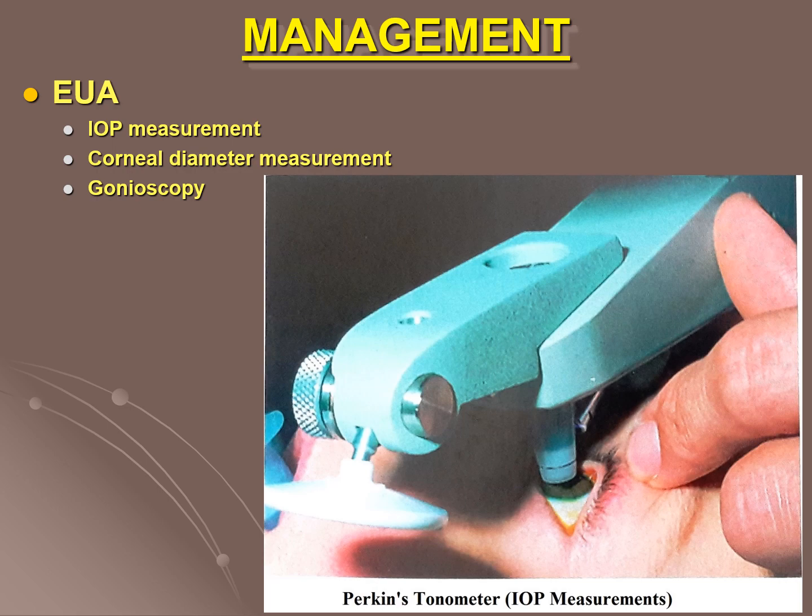Then you do gonioscopy and see the angle of the anterior chamber, and then measure the intraocular pressure with the Perkins handheld tonometer. Here you can appreciate that the intraocular pressure is being measured by the Perkins handheld tonometer, that is a type of applanation tonometer.